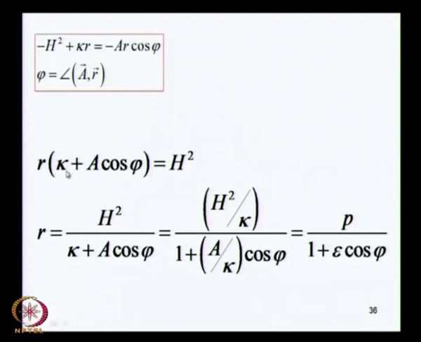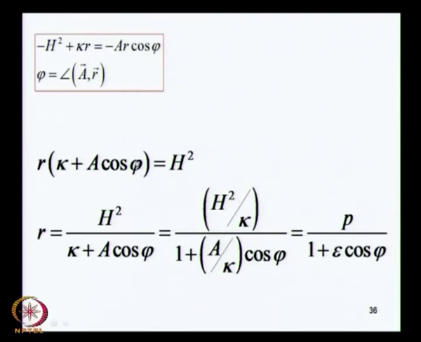So it is r times (kappa plus A cos phi) equal to h squared, which essentially means that r is equal to p over 1 plus epsilon cosine phi, which is an equation to the ellipse. This is in a very familiar form. In polar coordinates, the equation to the ellipse is essentially p over 1 plus epsilon cos phi, epsilon being the eccentricity. So this equation and that equation are no different, it is just a rearrangement.